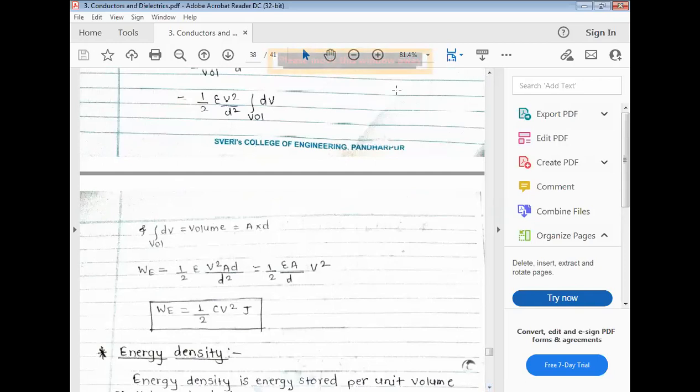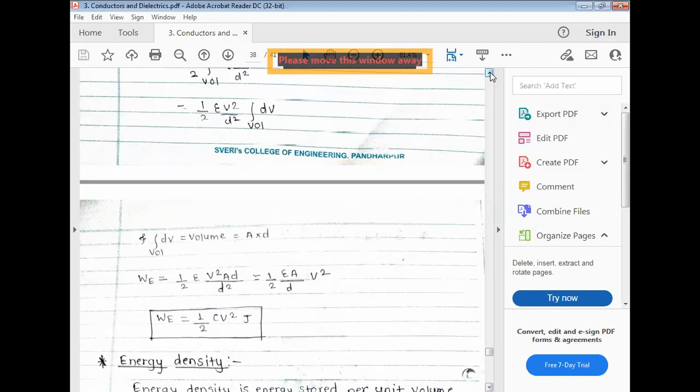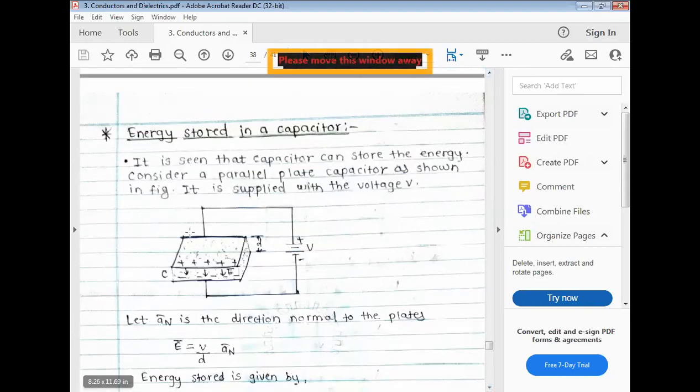Now for this parallel plate capacitor, what is the total volume? When we are considering a rectangle, the differential volume dv is the multiplication of all the differential lengths.